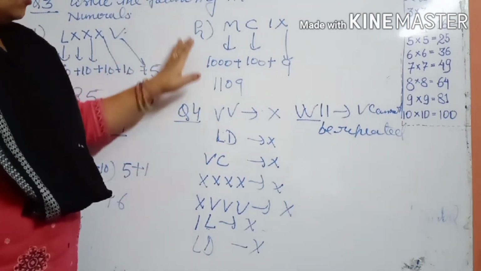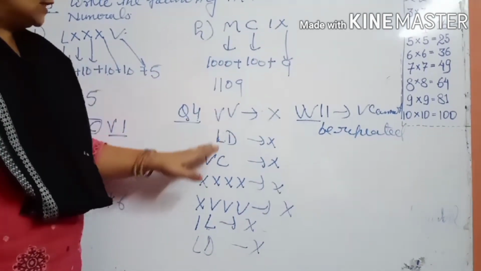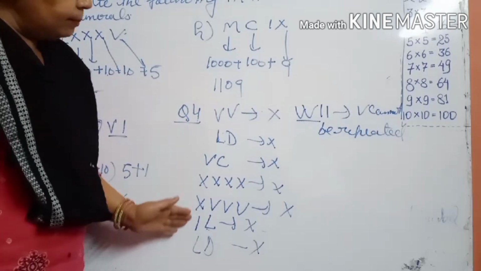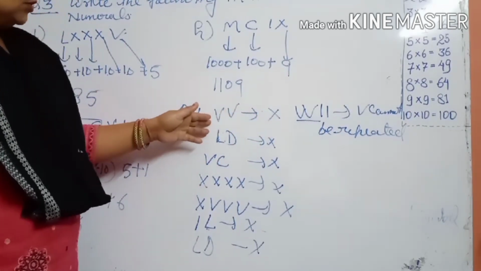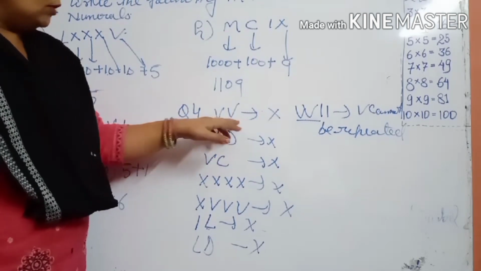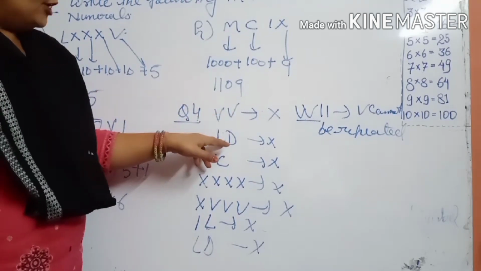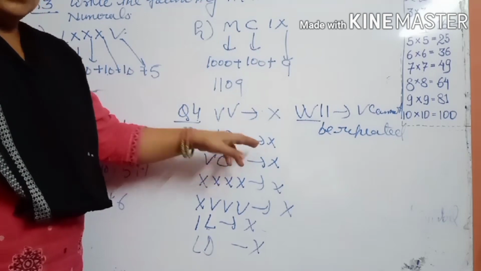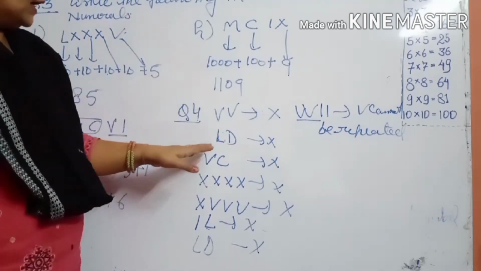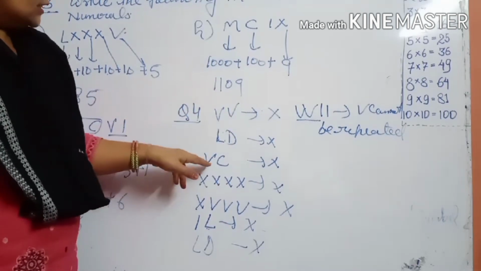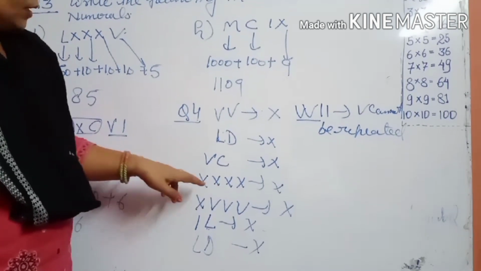Okay, if you read the rules carefully, all these parts will be clear to you, because these are already based on the rules. We have already taught you that 2 times V cannot come. V, L and D can never be subtracted from or added to the greater values, so this is wrong. The same concept will come here.